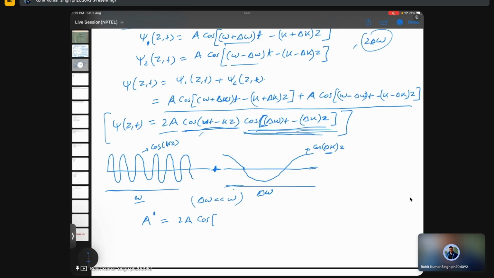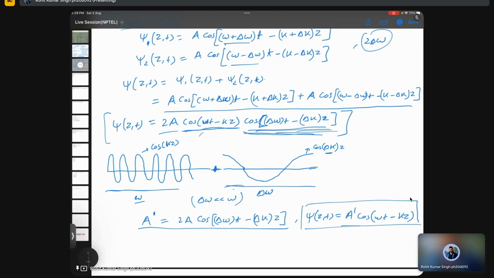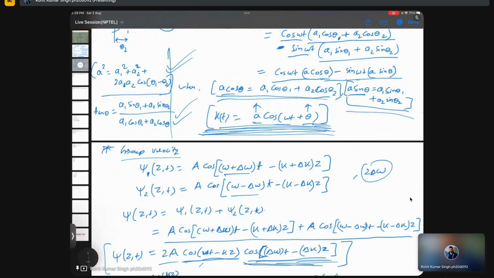So you are combining the second wave equation into the amplitude. If you define a prime like this, then your superposed wave psi will be a prime cos(omega t minus kz). Okay, and this is what we are familiar with, right? This is what we got, something like this here.